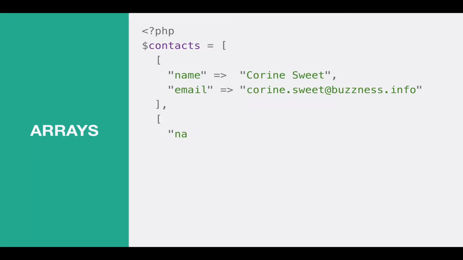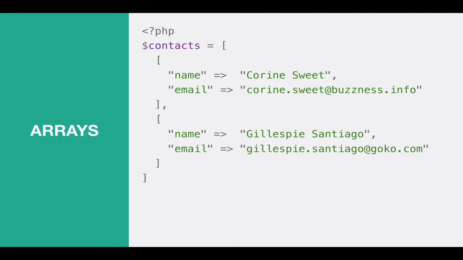Here is an example of a multidimensional array. You can see that contacts is an array, and inside of it, it's an array of arrays. Each array is an associative array, so it uses a string instead of a number as its key. Both arrays have the same structure.